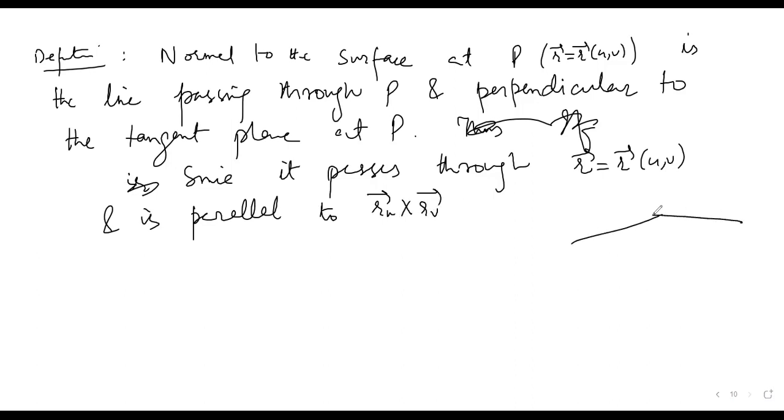I've got a plane whose normal is ru cross rv, and any line perpendicular to it is parallel to this vector.